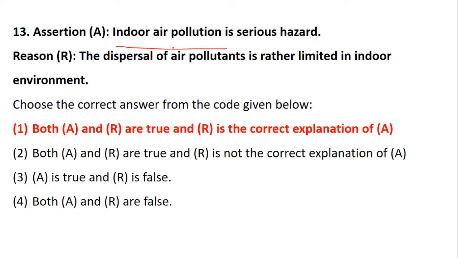What is going to happen? Obviously there is air pollution, because indoors there is not much space. The air is just roaming from one place to another. There is no scope to move it out. I'll give you an example related to that, like at home.